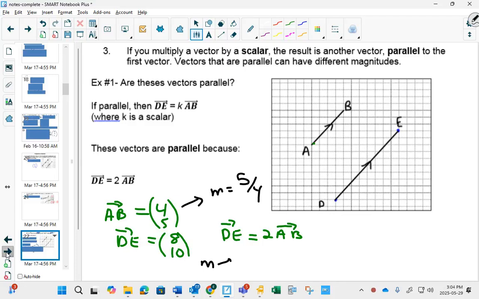The slope of this one is 10 over 8. How would you tell that they're the same? Well, you would reduce your fraction to lowest terms, and you'd see that they're both 5 over 4. So we're going to have vectors, and they kind of act like slopes. But we still just write the x value on the top and the y value on the bottom.